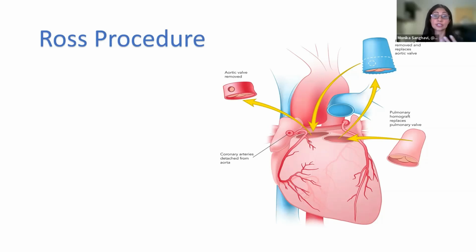And this is good in the sense that the thought is that this is going to have less wear and tear over time. It is your own valve that is moving from one place to the other. The goal would be that the replacement valve that's coming from another human is actually going into a position that doesn't get a lot of wear and tear, and so should last a lot longer. So this is something that we're currently starting to do more of, especially for younger patients.